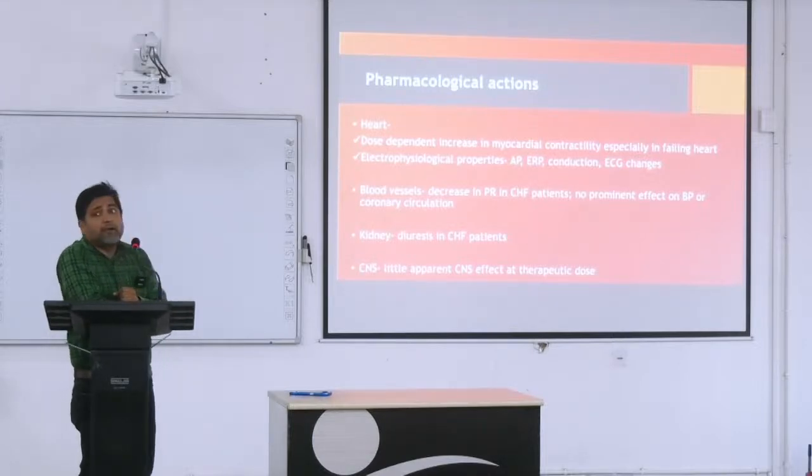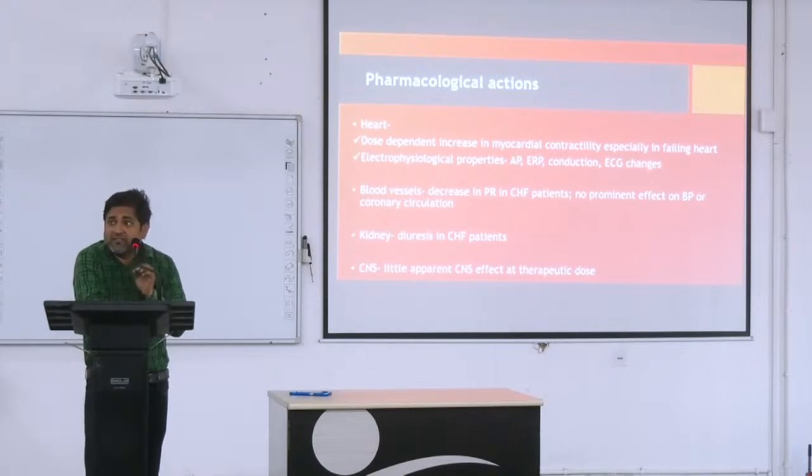Now the kidney. In congestive heart failure patients, digoxin causes diuresis. Why? Because of the increase in circulatory volume, the renal flow increases, and that causes diuresis. But in normal patients, patients who do not have heart failure, or in patients with other causes of edema, digoxin does not cause diuresis.